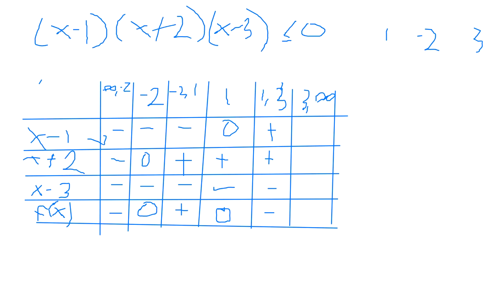Good. If I put 4 in x minus 1, I get positive. In x plus 2, positive. In x minus 3, positive. Positive times positive times positive will be positive. Can you see that?